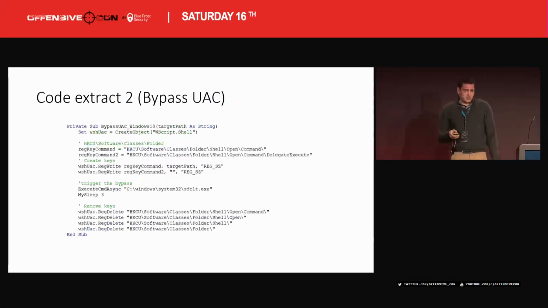So now the UAC bypass. This is a new method I found about 3 weeks ago. What's interesting with this method is that it relies on COM hijacking, and it's fileless. So you don't have to drop a DLL somewhere, and it's pretty easy to combine with ASR.